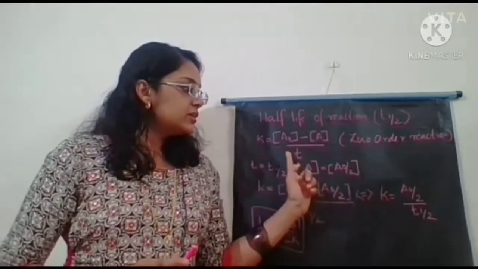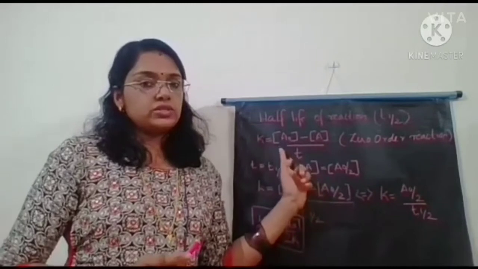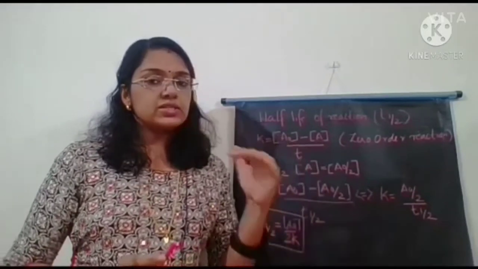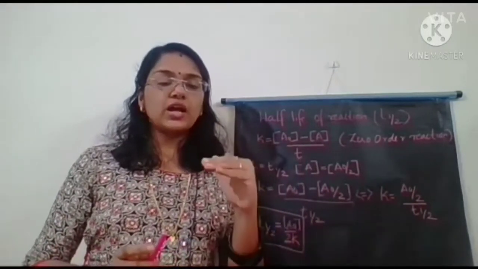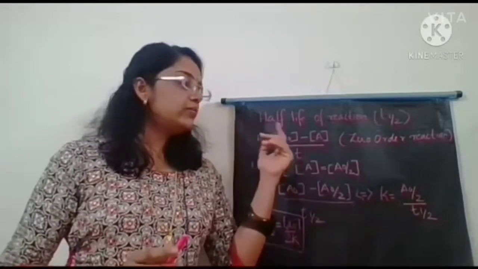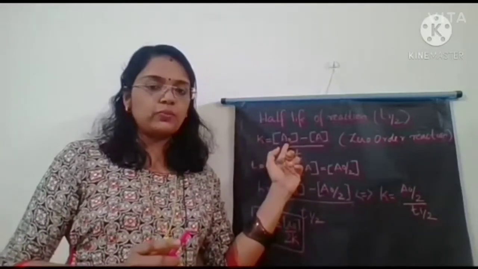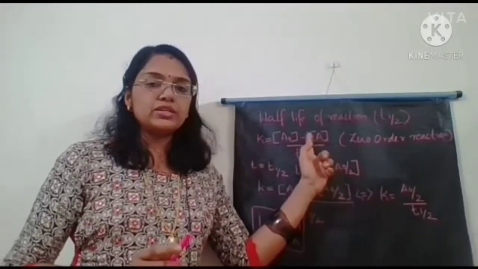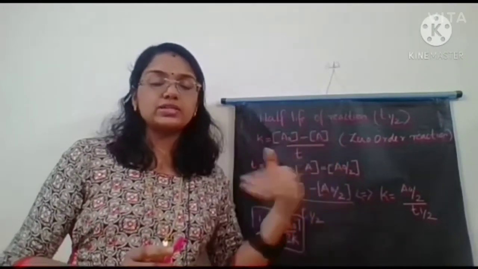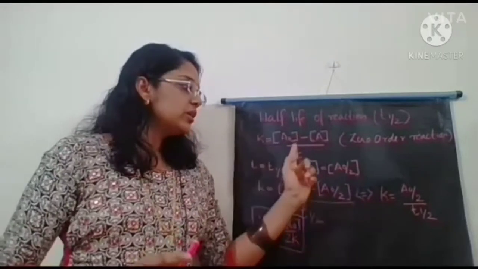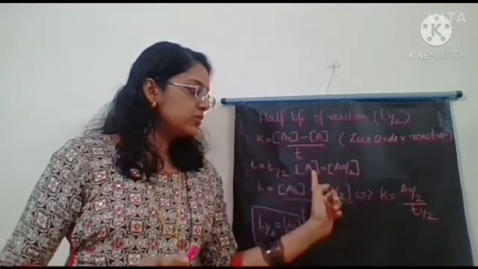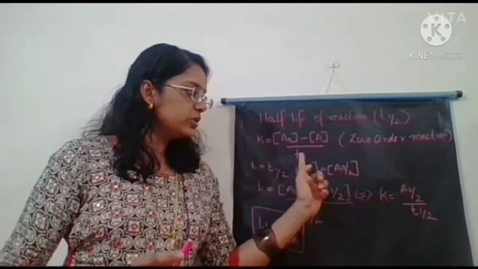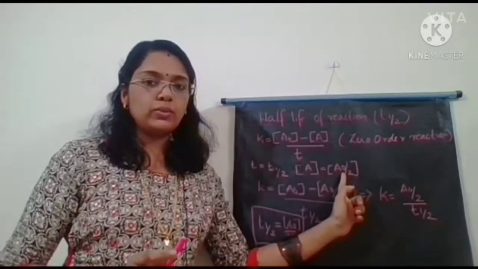When t is equal to 0, that is when the reaction starts, the initial concentration is A0. So when t becomes t half, the final concentration A becomes A0 by 2.